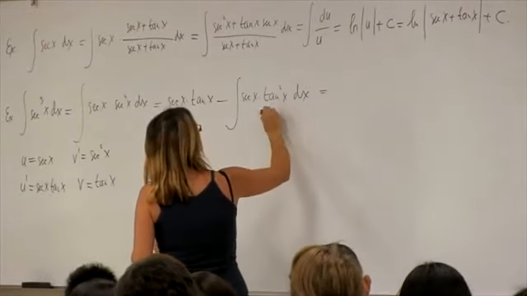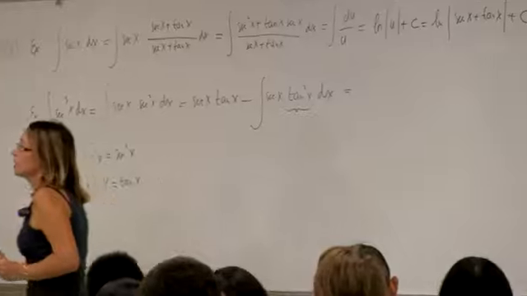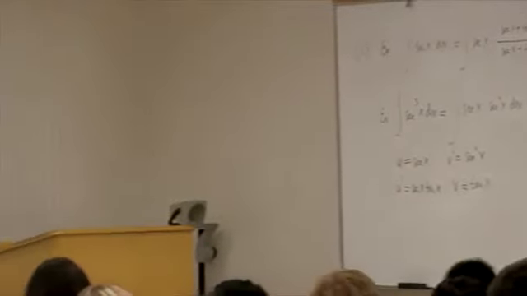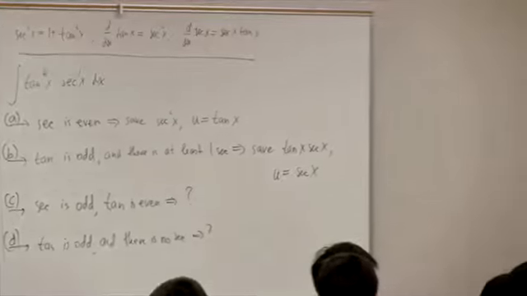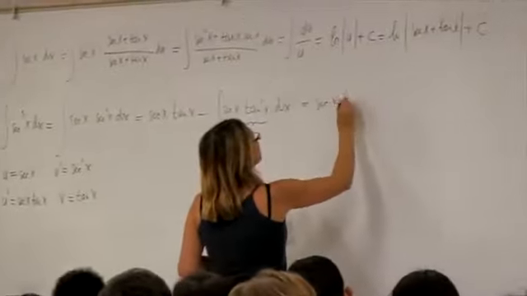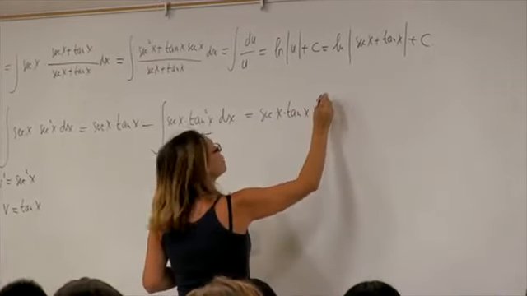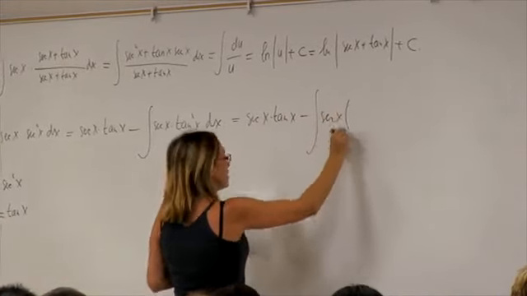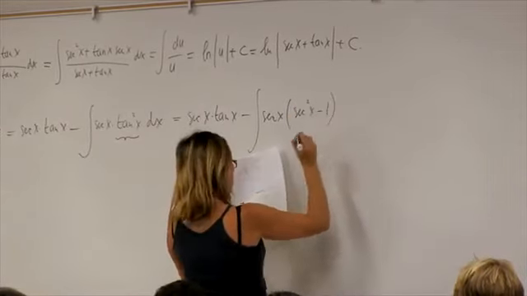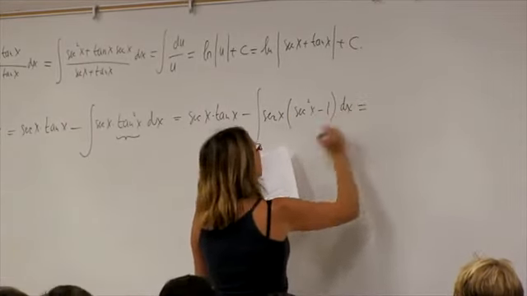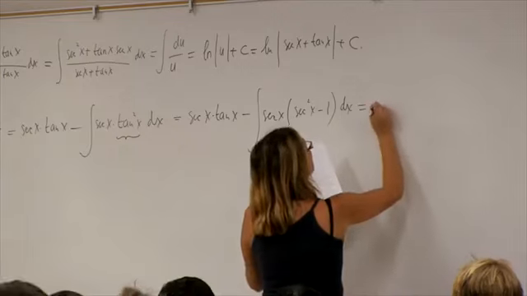And we notice that here we have tangent squared, and we're going to express it in terms of secant. Secant x tangent x minus the integral of secant x times secant squared x minus 1 dx. And I'm going to open the brackets here.